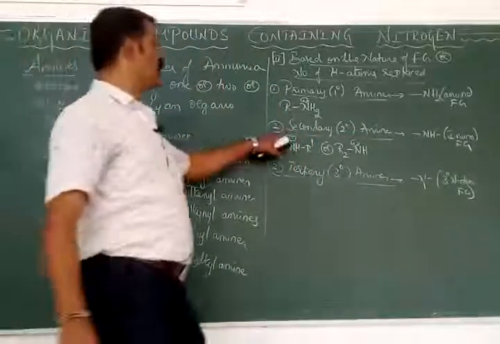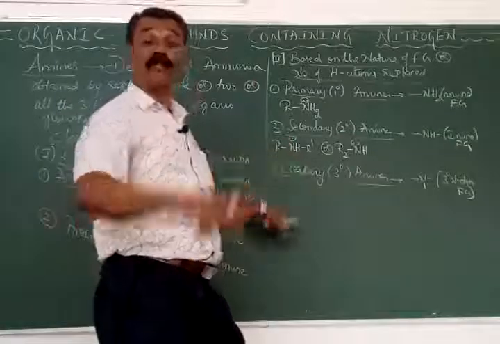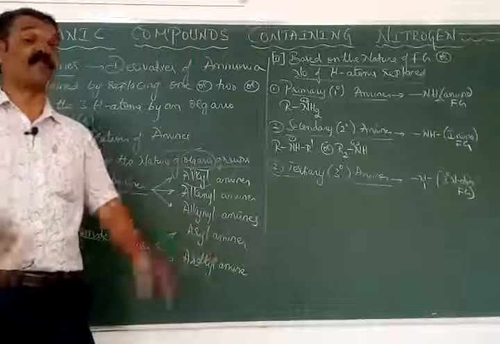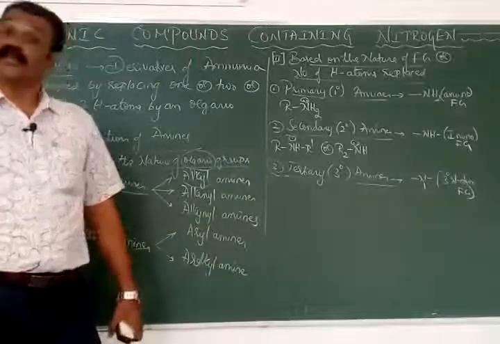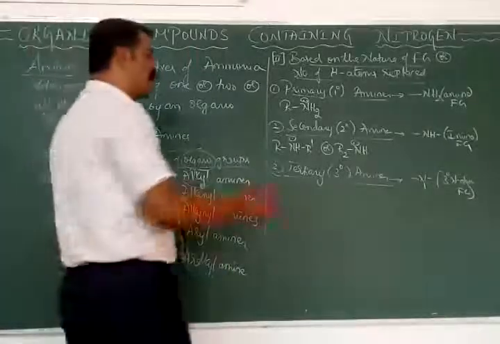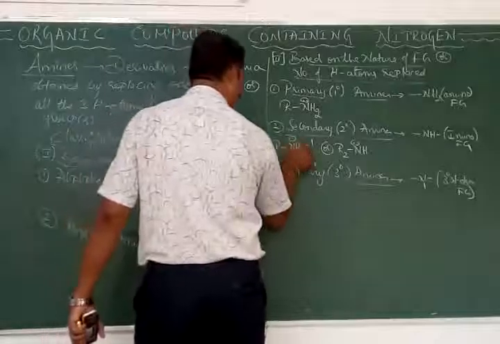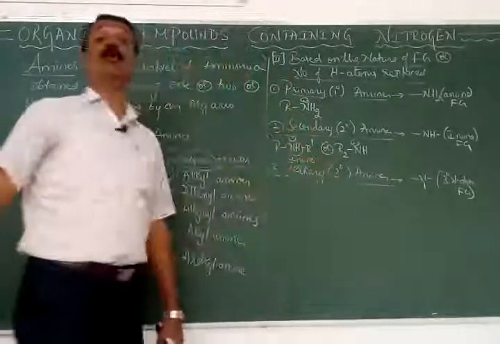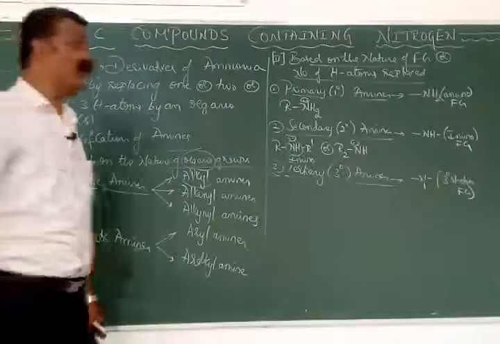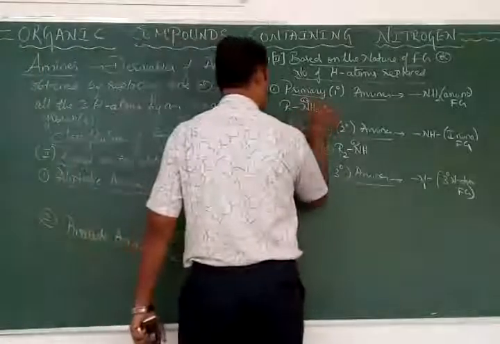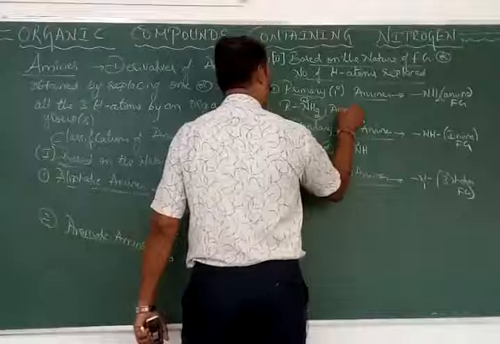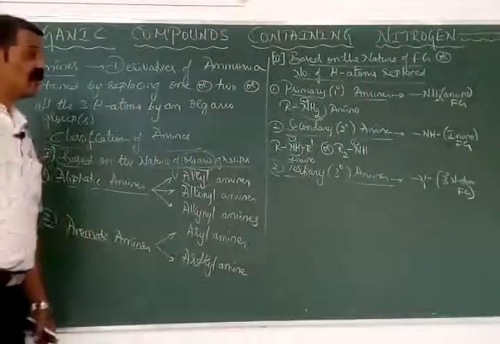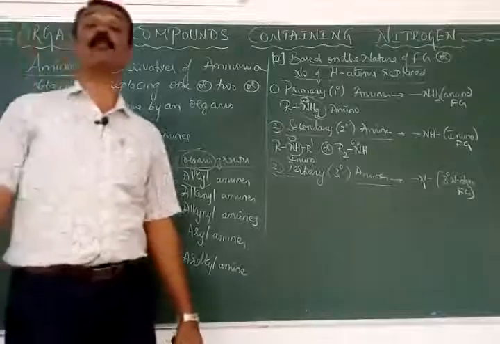These are derivatives of ammonia obtained by replacing two hydrogen atoms by two organic groups. They may be the same or different, and that is called secondary amines. Secondary amines are characterized by a new functional group called the imino group. NH is called the imino group, whereas NH2 is called the amino group. Amino is the primary functional group, whereas imino is the secondary amine functional group.